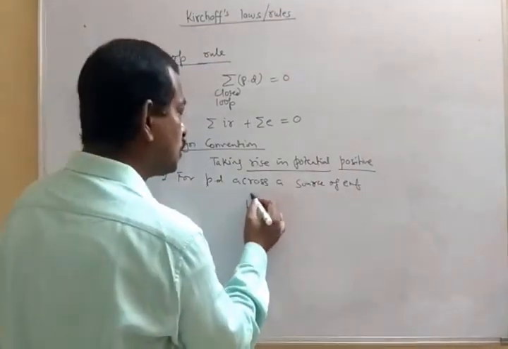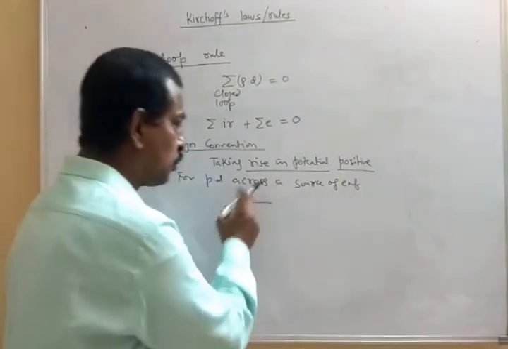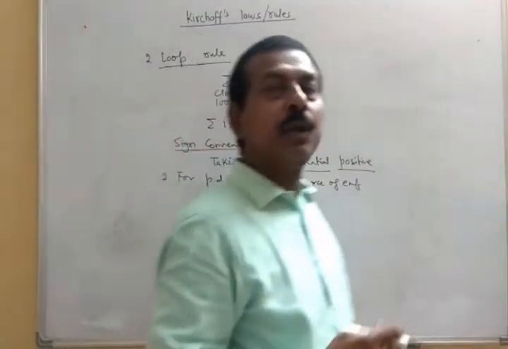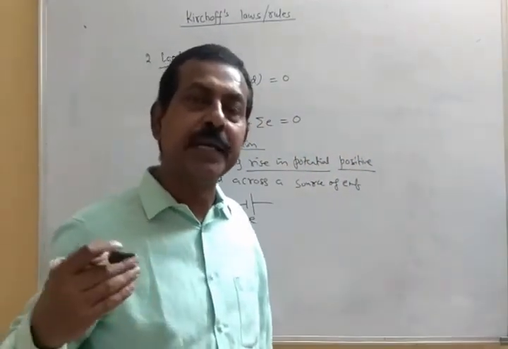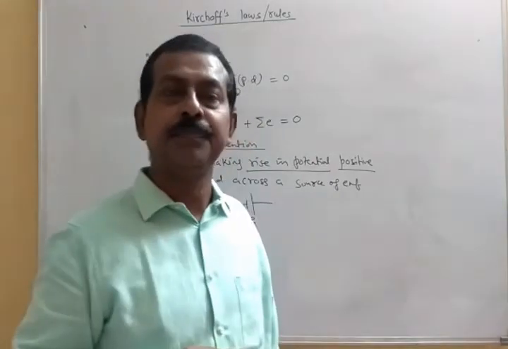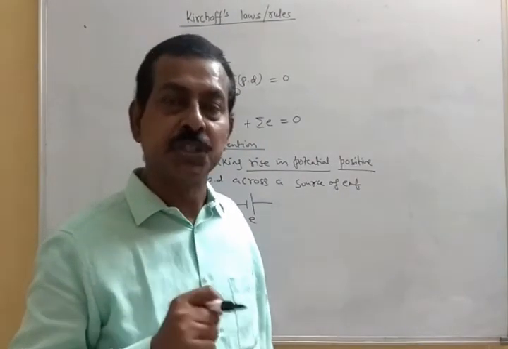Now for the potential difference across a source of EMF, suppose it is E. While passing through a source of EMF from the negative to the positive terminal, we take the potential difference positive.